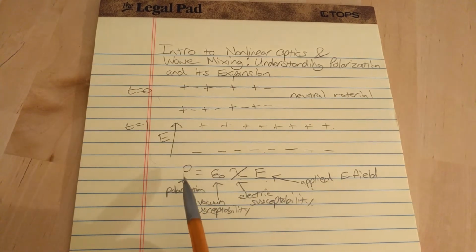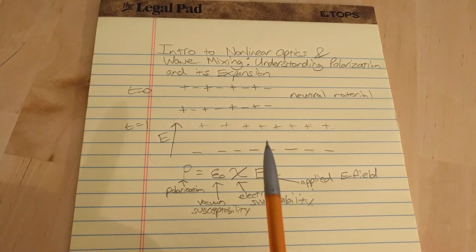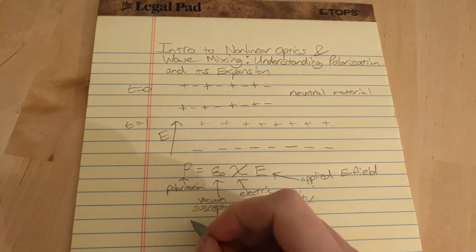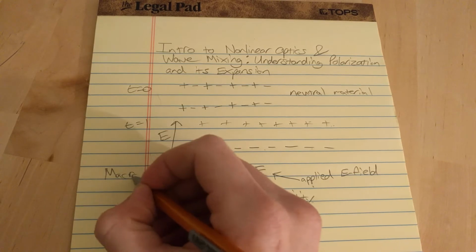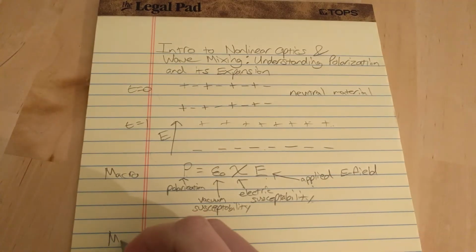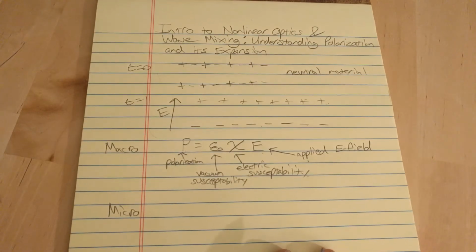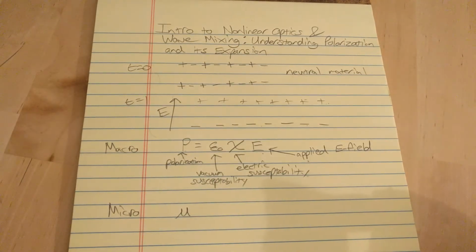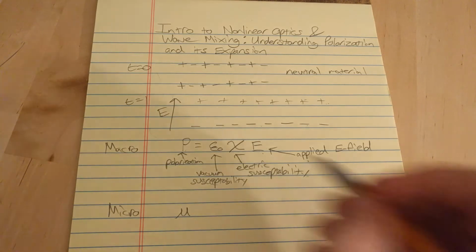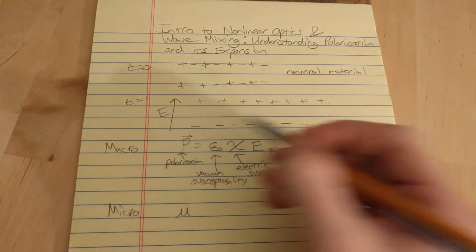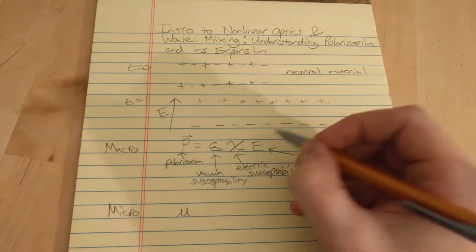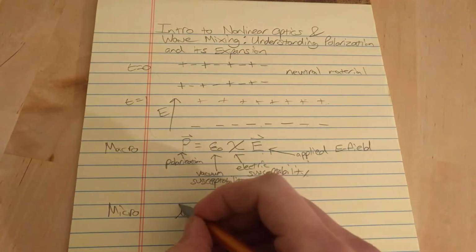So in previous videos, I've also talked about these concepts from a microscopic point of view, whereas this is more of a macroscopic point of view. In a microscopic point of view, the polarization is analogous to the dipole moment mu. And, in case we want to be super strict, the polarization is a vector, so is the electric field.